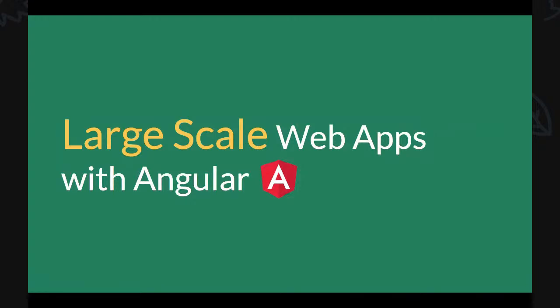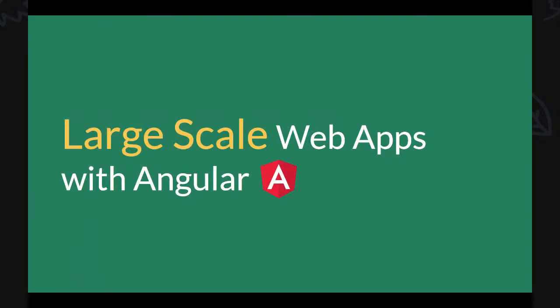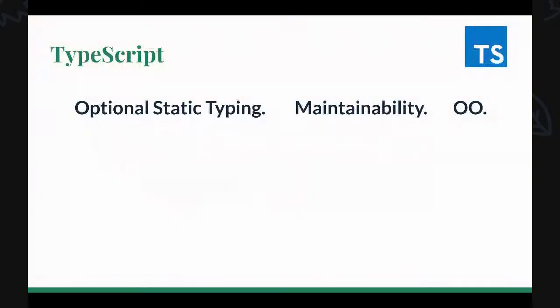So let's talk about TypeScript for a moment, because we just said Angular is having TypeScript, right? So what's TypeScript? TypeScript is a superscript of JavaScript, and it provides optional static typing, which means, okay, you have JavaScript, right?